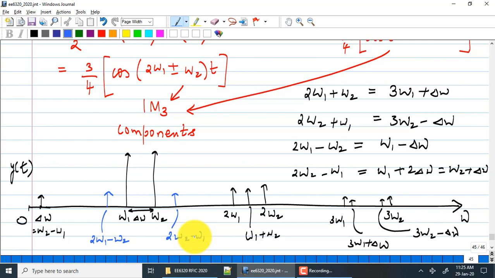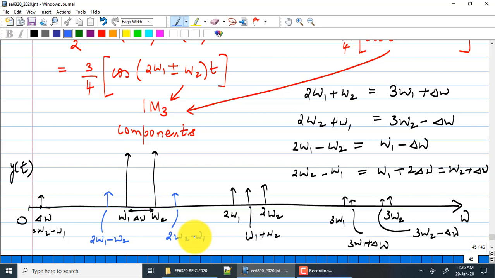Now, it turns out, for the purposes of our analysis, in the present context, these two terms shown in blue are of paramount importance. Why is that?